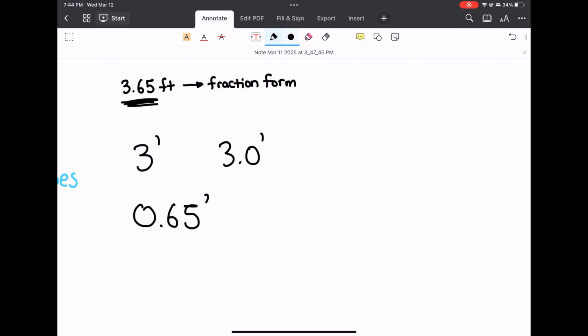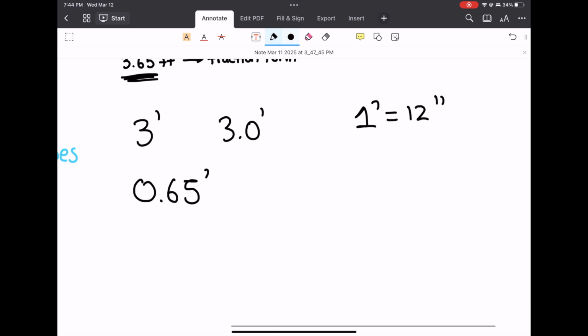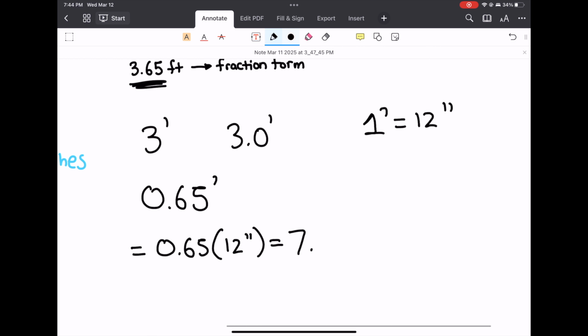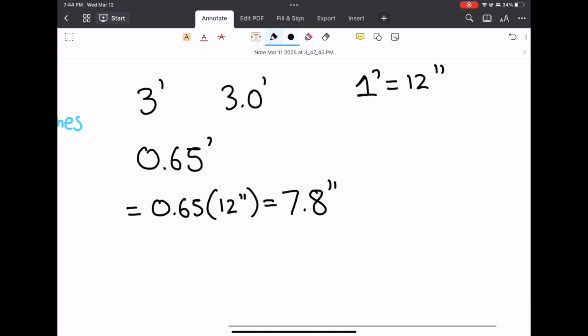Just like before, we know that 1 foot equals 12 inches. So if it's 0.65 of a foot, we can multiply 0.65 by 12 inches to get it in inches. So let's see what that is. 0.65 times 12 is 7.8 inches.